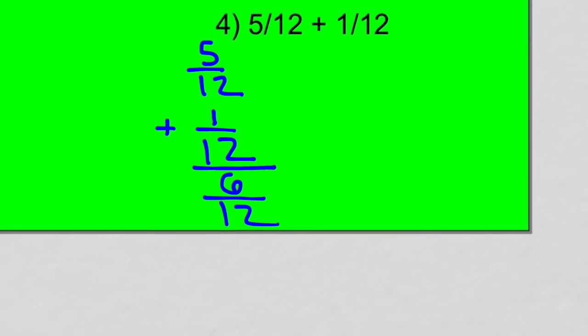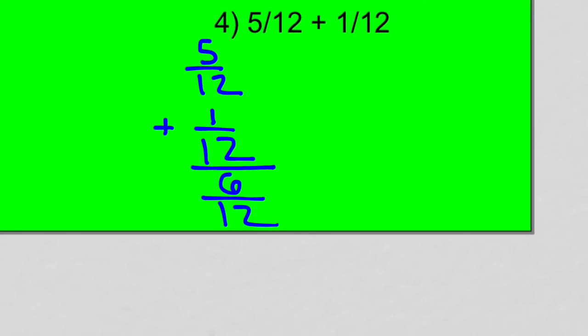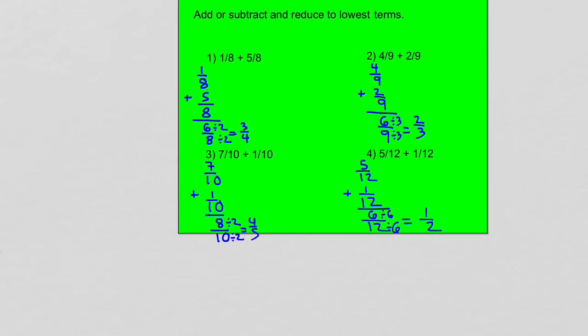And then hopefully you're recognizing that 6 and 12 are both divisible by 6, or even better, you're recognizing that 6 is half of 12, right? So you divide the numerator and denominator by 6, and you get the fraction in lowest terms of 1/2. So that's how we do adding fractions with the same denominator, the same bottom number.